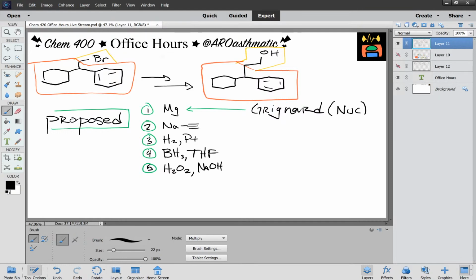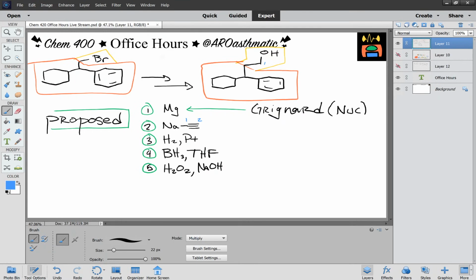The problem with this proposed series of synthesis steps comes in with the second step. The first problem is that on that alkyne we have 2 carbons, but when you look at the number of carbons that we're adding to this molecule, there's only 1. So this is too many carbons in length. We actually only need to add 1 carbon.